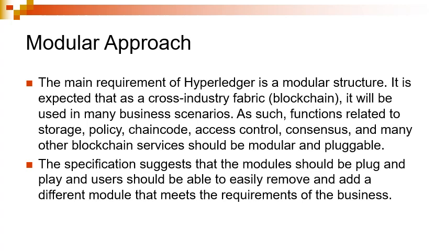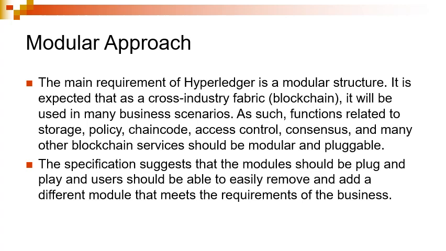Modular means that services should be divided into different modules, and we should be able to select the module as per our requirement. We should be able to plug in the module, and to plug in means to add the module or to remove the module from the blockchain. Such a modular structure this Hyperledger should have.